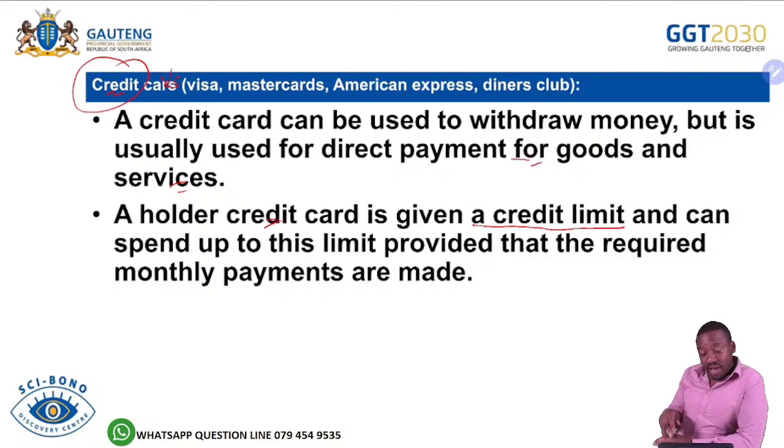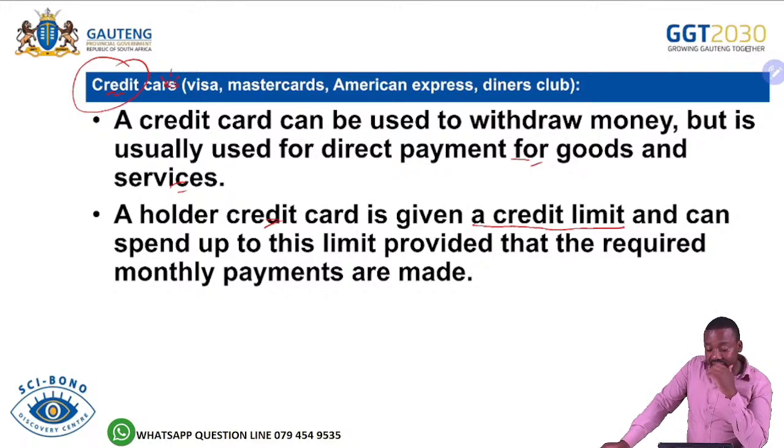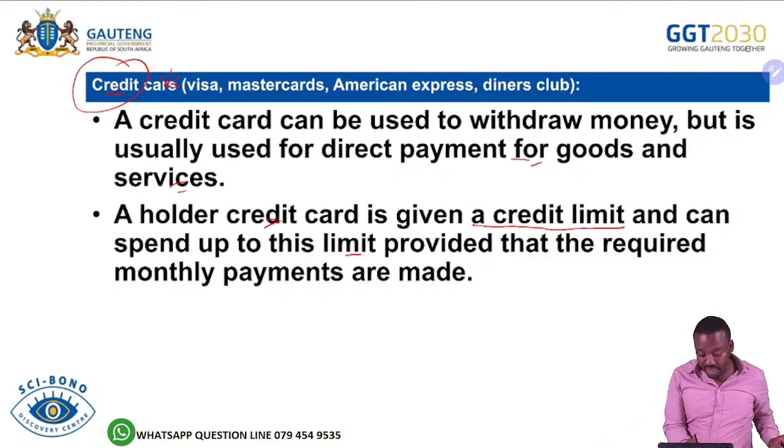Then if you're a good payer, then they will give you more. So we are saying a holder for credit card is given a credit limit, meaning there is an amount that you may not exceed and can spend up to this limit provided that the required monthly payments are made.